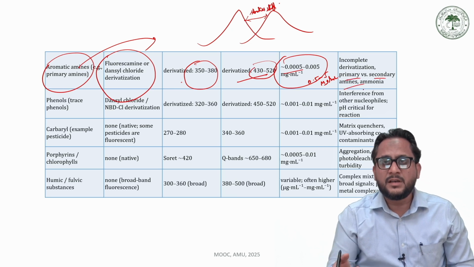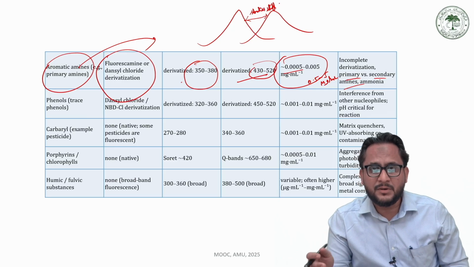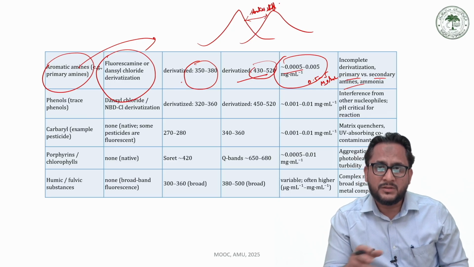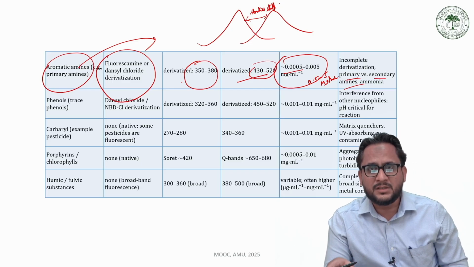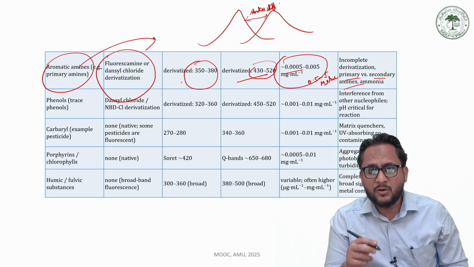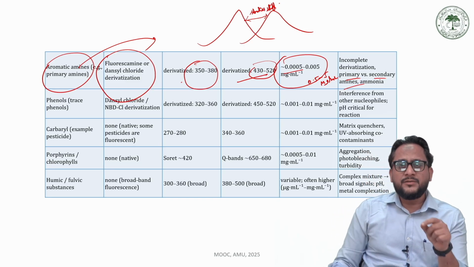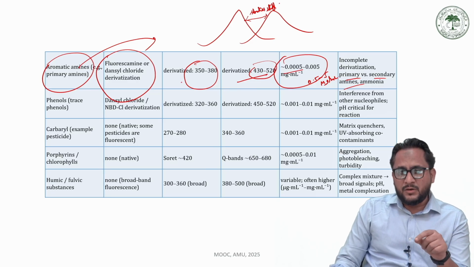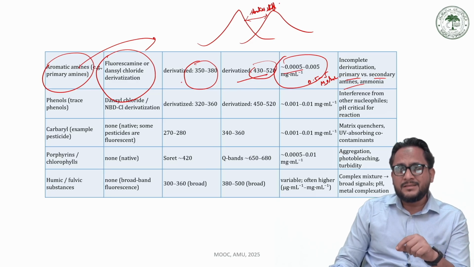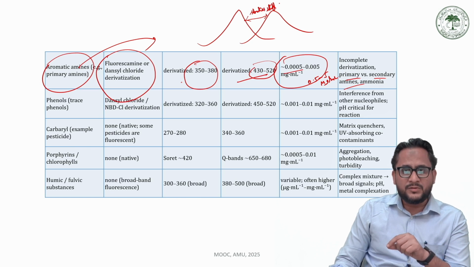And even if the derivatization is complete, we have to remove the derivatizing agent, because since it is a fluorescent compound, if it is still present in pure form, it will also give its fluorescent signal, and the complex will also give its fluorescent signal, which will create complication. Therefore we add a small amount of derivatizing agent, just sufficient to derivatize the molecule, and then we try to separate or remove the excess derivatizing agent, so that it will not give its own fluorescent signal.